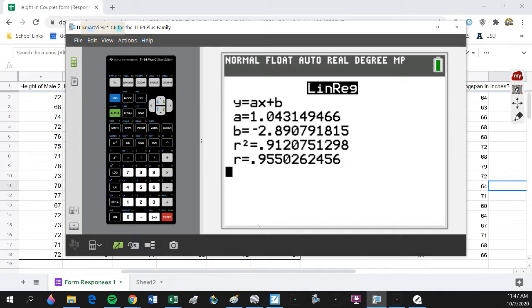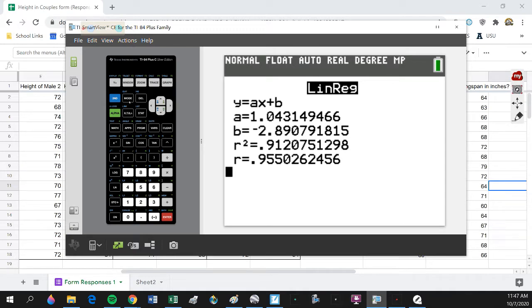We are really close to 1. In fact, 0.95 is very, very predictive. You don't see numbers higher than that very often. So height is a very good predictor of wingspan, and the other way around. But if we know somebody's height, do we know their wingspan? Not exactly, but we can get close.